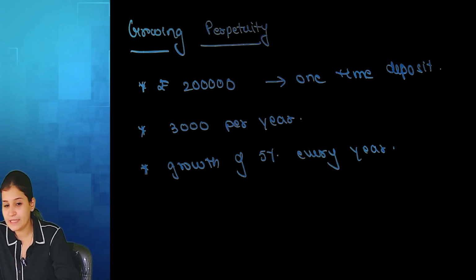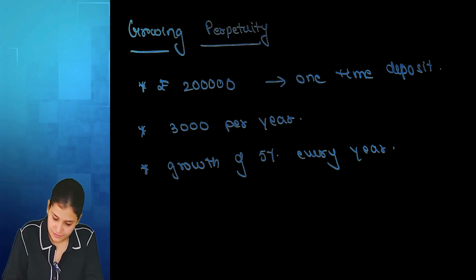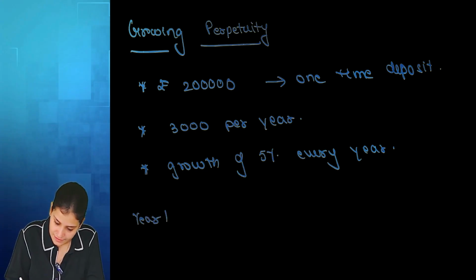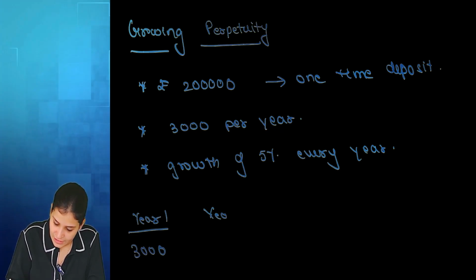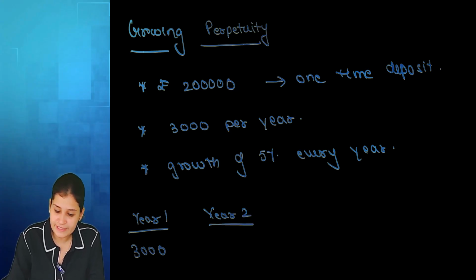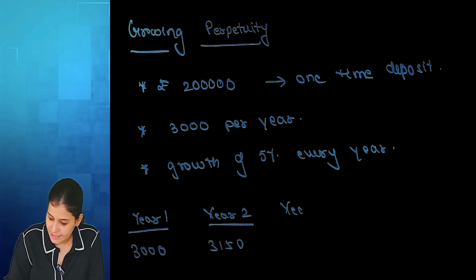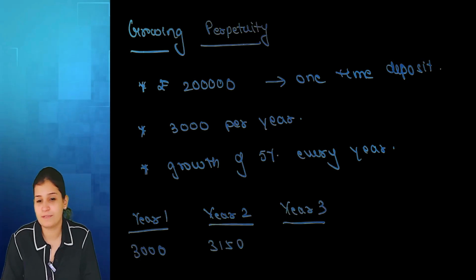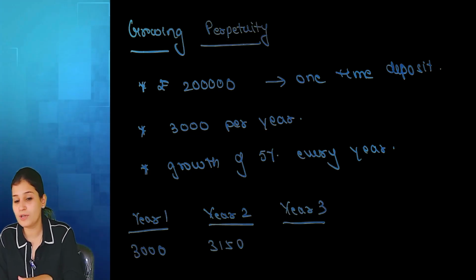What it means is, in year 1, if I would have got 3,000, in year 2 it increases by 5%. So what will it become? 3150. In year 3, it will again increase by 5%. This is what we talk about as growth.